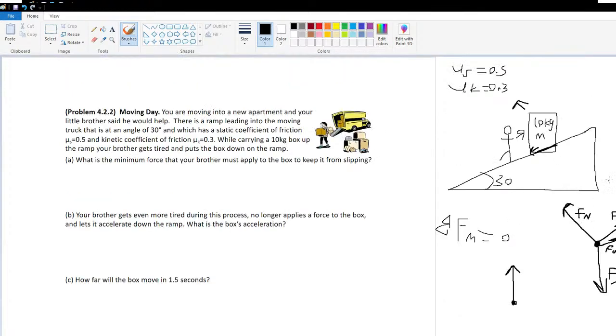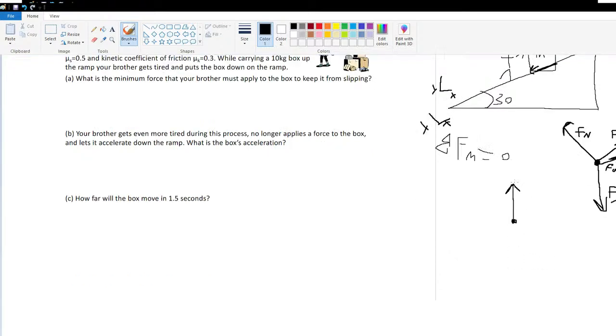This means we're tilting the whole axis of the problem, because normally it's x, y, and now our axis is like this. So this is our normal force. We have the force of friction and the force applied.